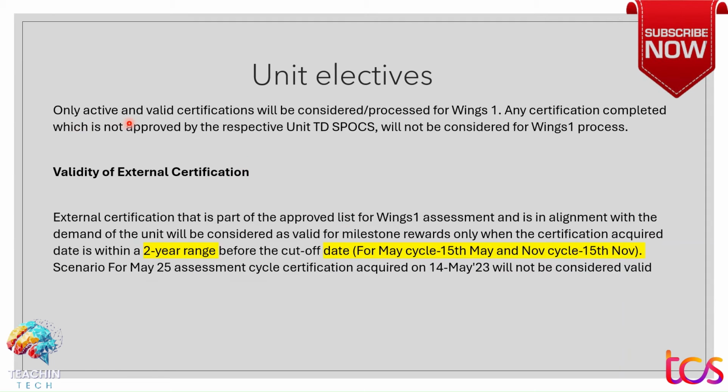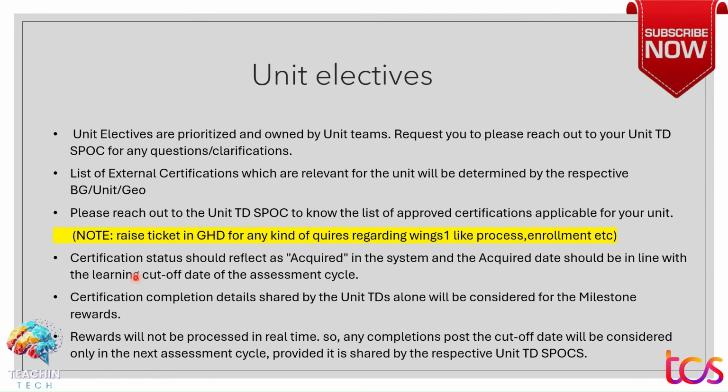And here only active and valid certifications will be considered or processed for WINS1. So any certifications completed which are not approved by the respective unit TD spot will not be considered. So obviously keep the cutoff date in mind. And they mentioned learning cutoff dates, right? Before that it should get acquired, like you should upload in that link.